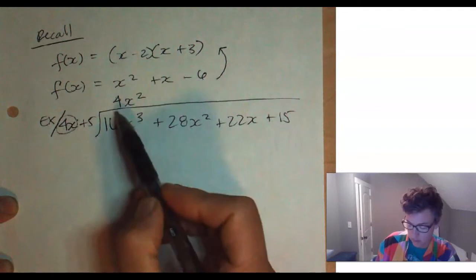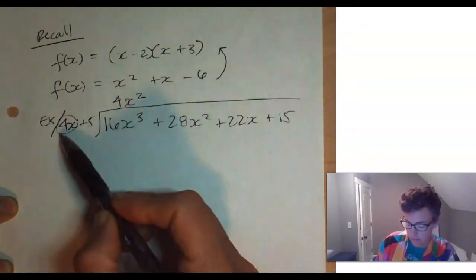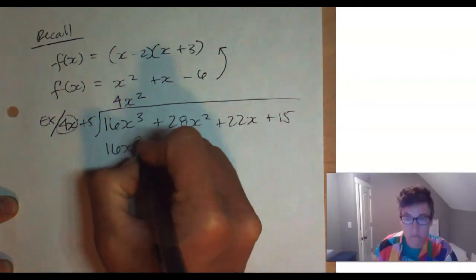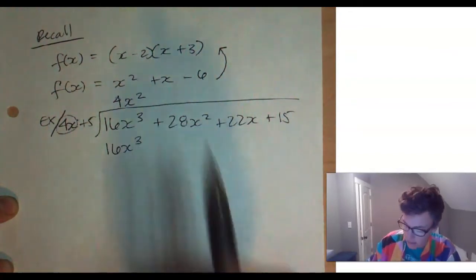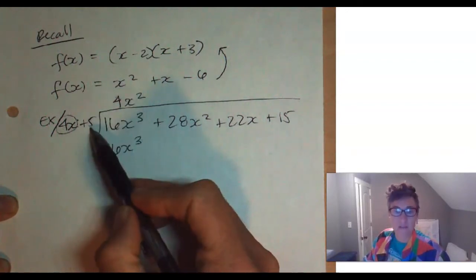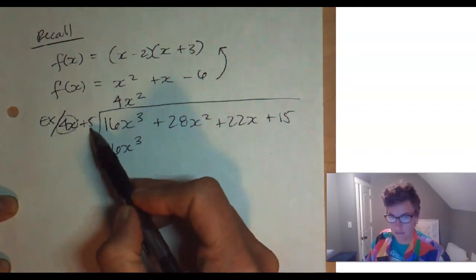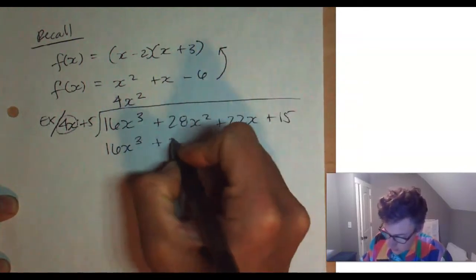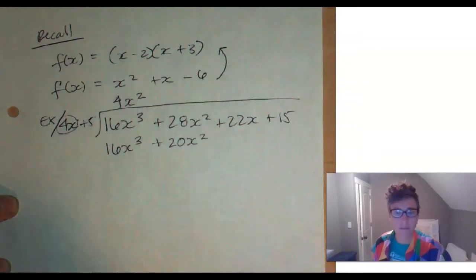So we're going to multiply 4x squared by 4x, and we get 16x cubed, which was what was supposed to happen. And then we're also going to multiply 4x squared times this 5 now. 4x squared times 5 is 20x squared. So that's plus 20x squared.